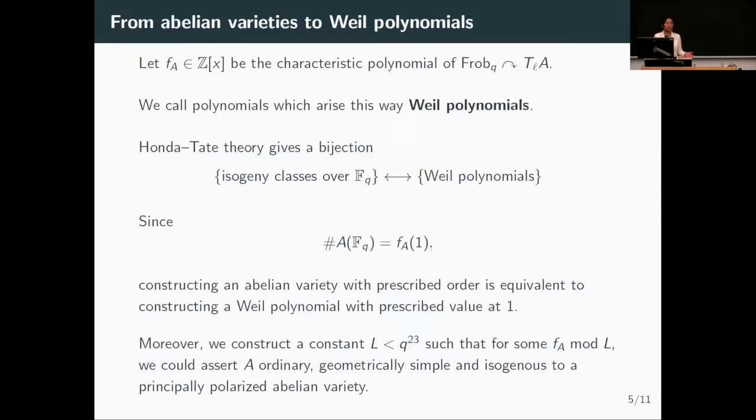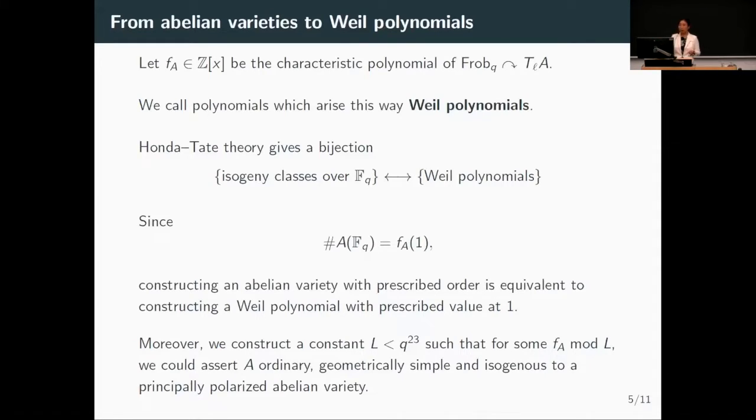And if this variety, for example, is the Jacobian of a curve defined over a finite field, this is essentially the numerator of its zeta function. But we normalize it in such a way that it's a monic polynomial, which is different from the normalization you see from the zeta function perspective.